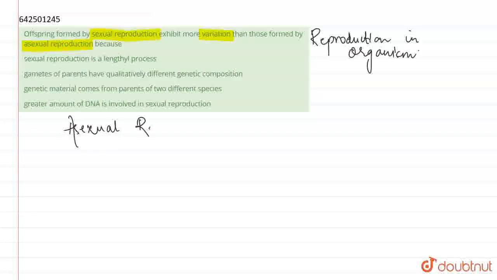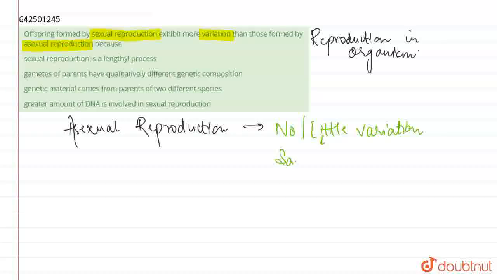So, in asexual reproduction, first let's understand that there is comparatively no or little variation because it's only a single parent, right?